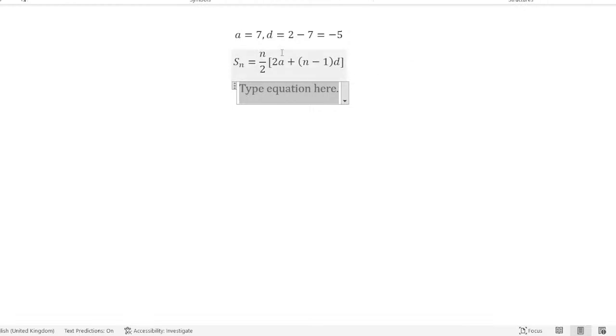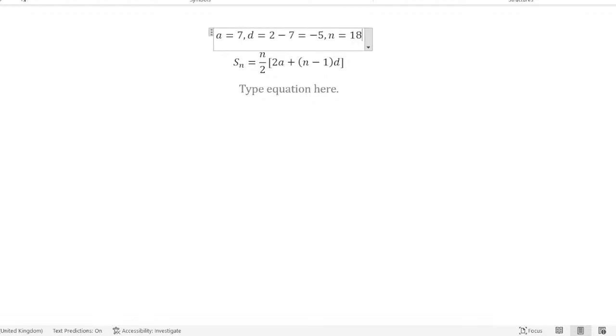Here we have n over 2. Remember, let me write it down. n equals 18.